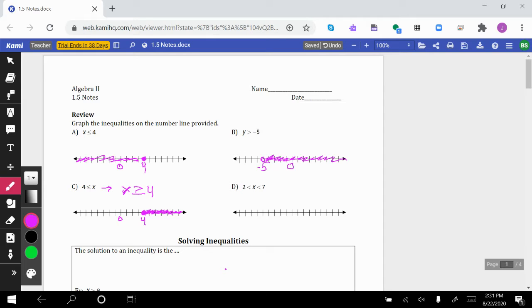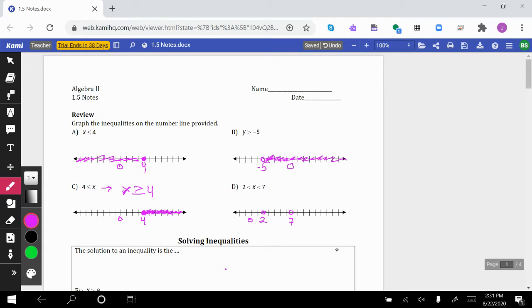Next, we have 2 is less than x, which is less than 7. So we have 3 numbers to graph. We're going to graph 0, we're going to graph 2, and we're going to graph 7. Both of these get an open circle because there's no, again, greater than or equal to, no less than or equal to.